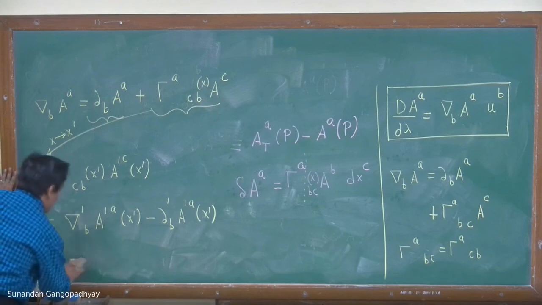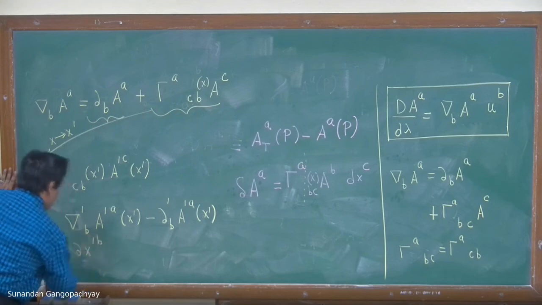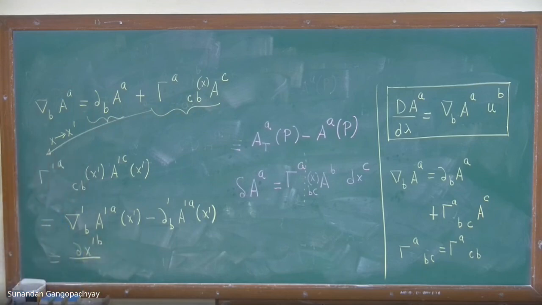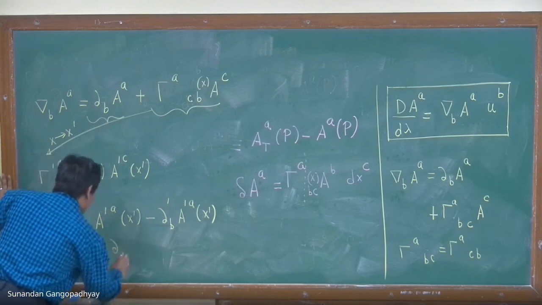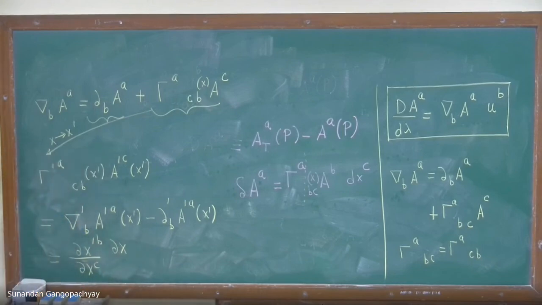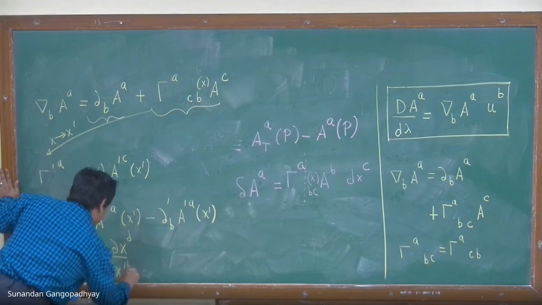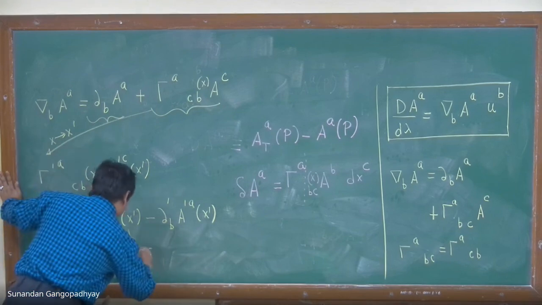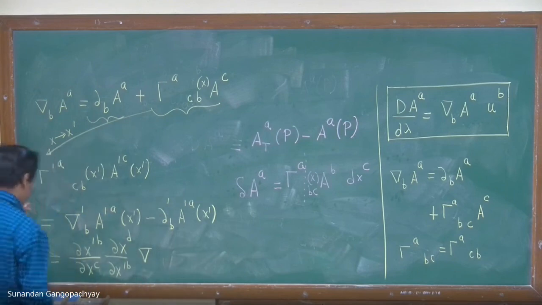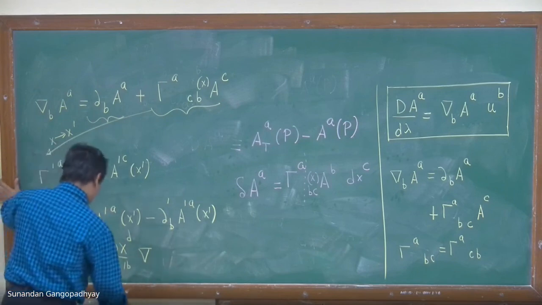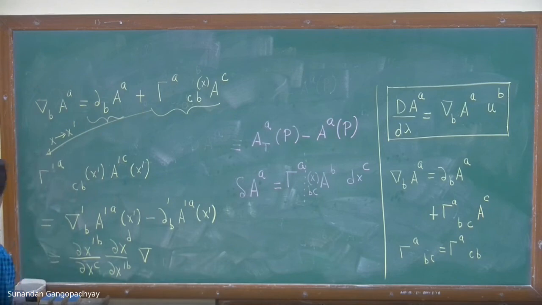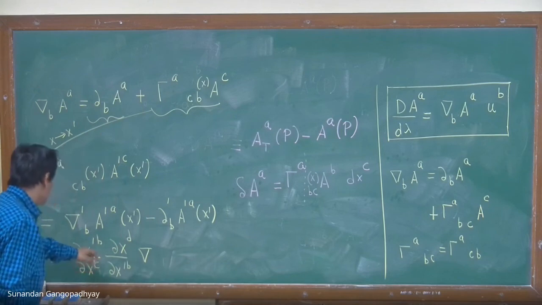What should this be? This would be del x prime B. Let me see the indices that I have used. I have used C, del x C. Del x here, I think I have used D. Good, del D. Del x prime B. It should not be repeated. Just a minute, I could make a mistake. Let me just check.